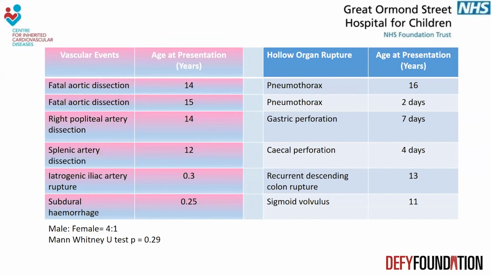In the group with hollow organ rupture, 3 babies presented within the first week of life with pneumothorax, gastric perforation, and cecal perforation. There was no age difference in presentation of vascular events and hollow organ rupture in our cohort. Our study shows that males had 4 times more major events than females.